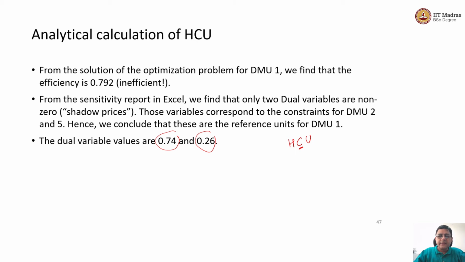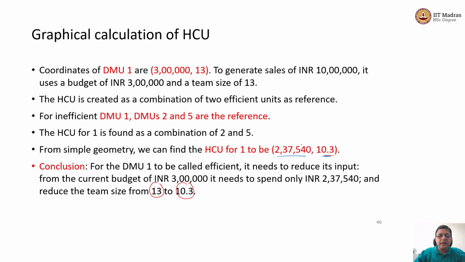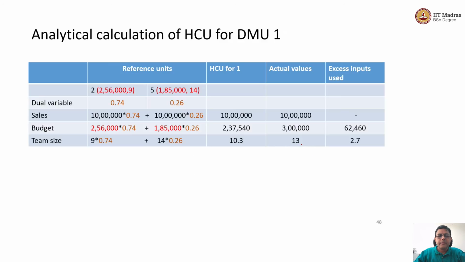Okay, for that, just like we did for the geometric method, we are going to require the coordinates of 2 and 5, which are the reference units. These are the coordinates of reference unit 2, and these are the coordinates of reference unit 5.